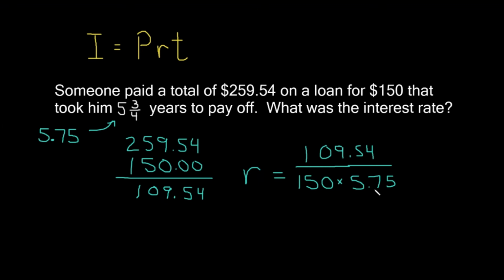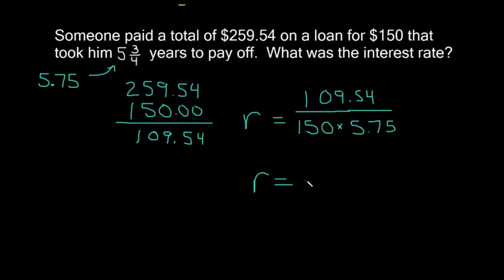So our first step is let's multiply the $150 times 5.75. So 150 times 5.75 equals $862.50. And then we have the 109.54 on top still, which is our actual interest that he had to pay. So let's do the math. We have 109.54 divided by 862.5.